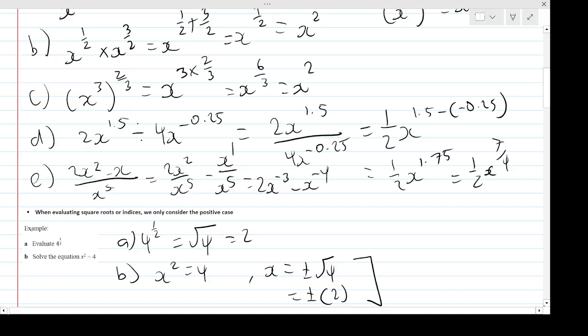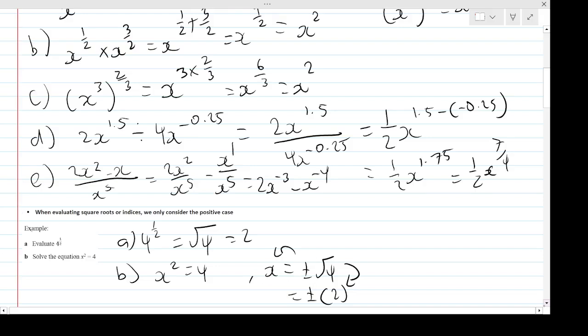Hopefully you can see the crucial difference here. The plus or minus comes from the values of x that we want to find, but the plus or minus is outside of root 4. So root 4 by itself just goes to 2. Root 4 is not plus or minus 2, root 4 is simply 2. We account for the plus or minus outside of the square root only because we're solving for x, because we're solving an equation.